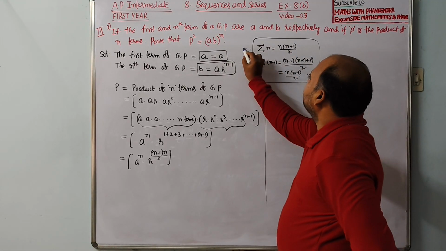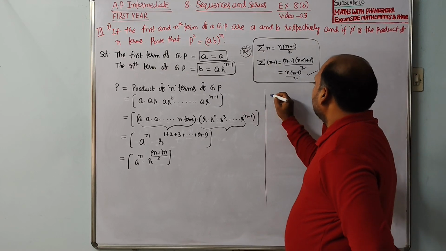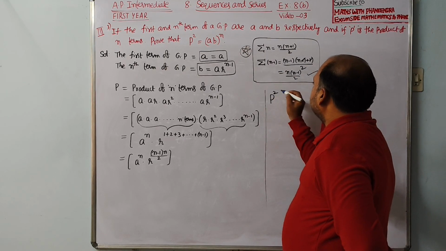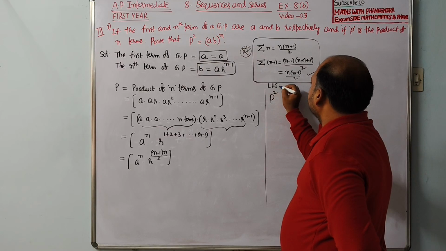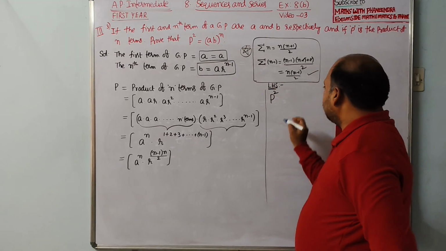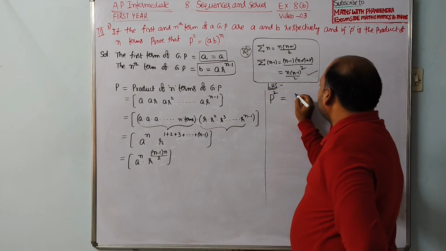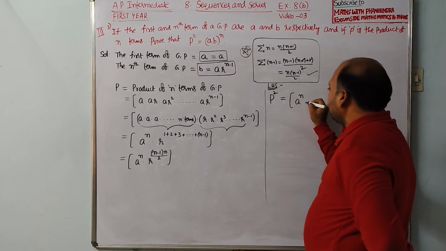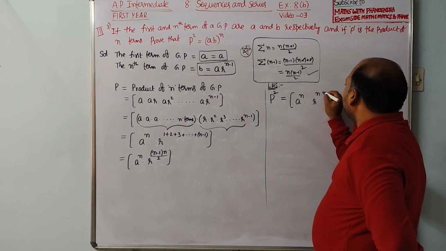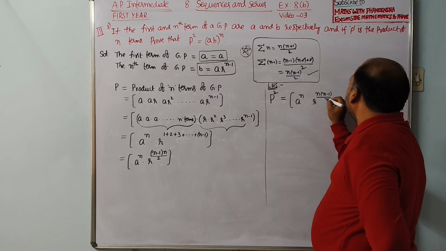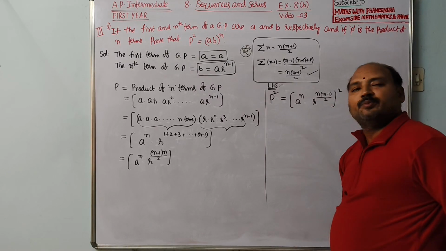The only hint is for understanding purpose. P square, this is the LHS. P square means what? This value whole square. A power n, r power n into n minus 1 divided by 2, whole power 2.